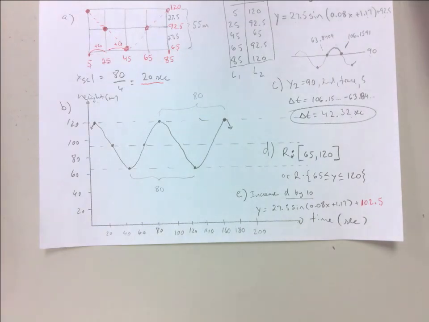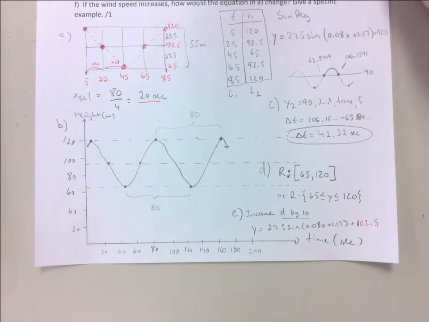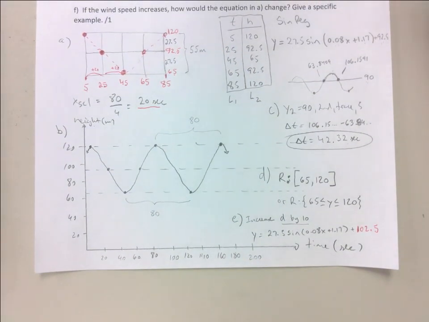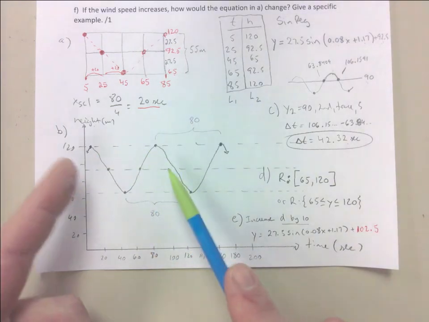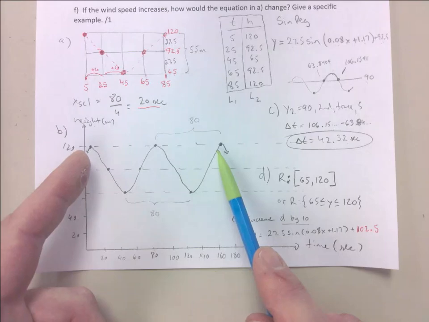Last question. If the wind speed increases, how would the equation in A change? Give a specific example. What would happen to this graph if it spun faster?